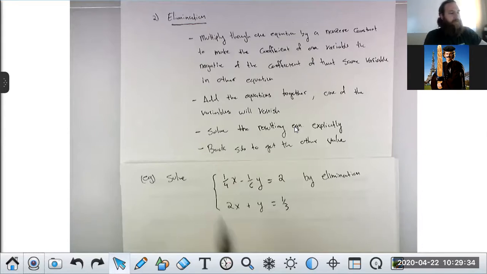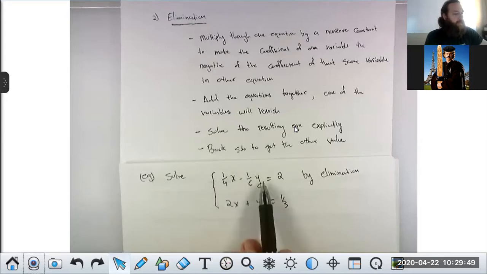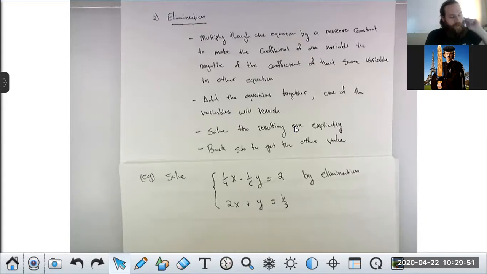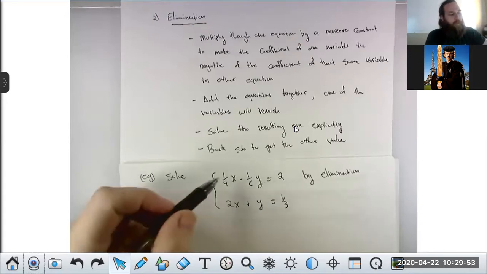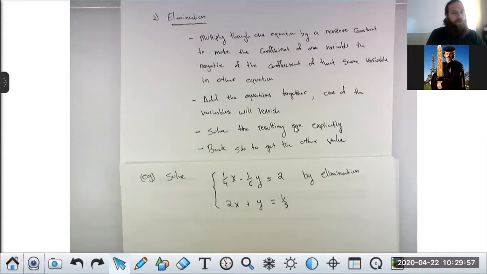So for example, if I multiply through this very first equation by -8, -8 times 1/4 is -2. So I would have -8x plus 8 over 6y equals -16. And the -2x when added to this positive 2x would make 0x. So that's one option for how to eliminate the variable x in this system.